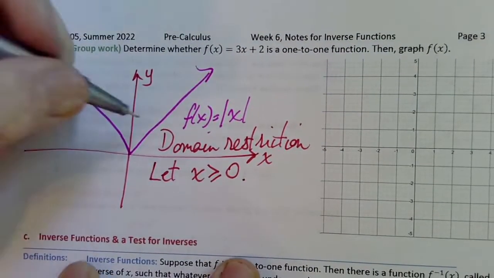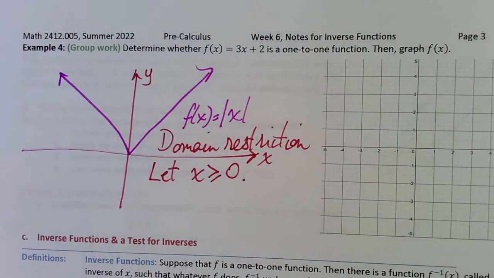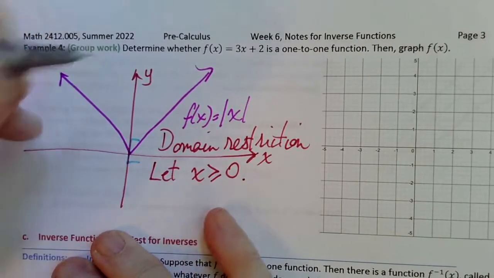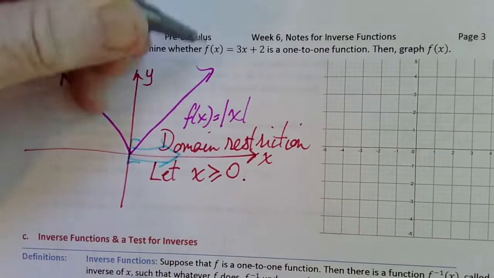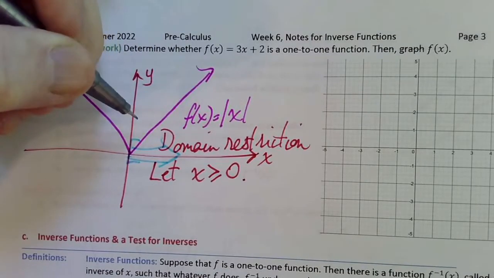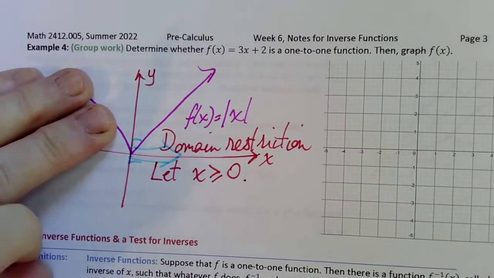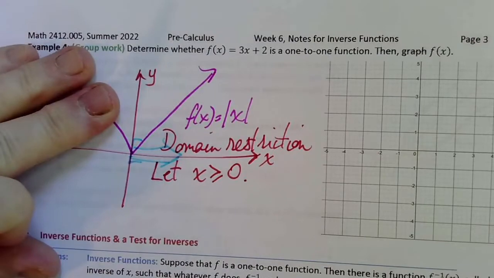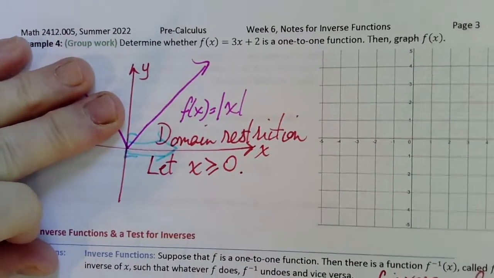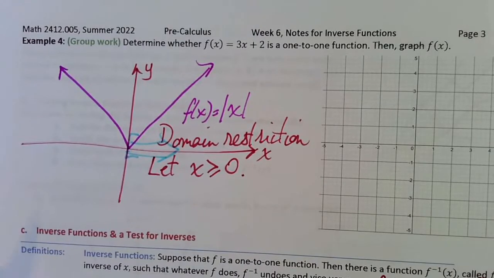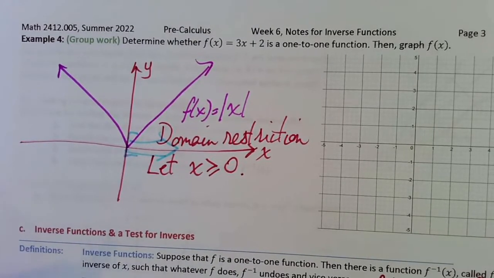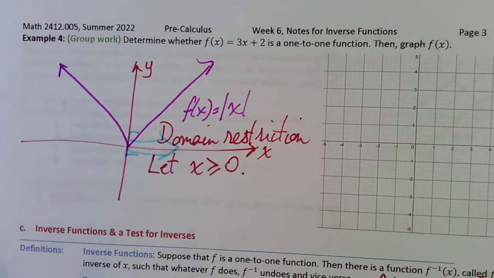Then the graph is just this right arm. Without the left arm, the graph really is one-to-one. So a domain restriction is something that we impose on a graph we want to use when that graph is not naturally one-to-one.